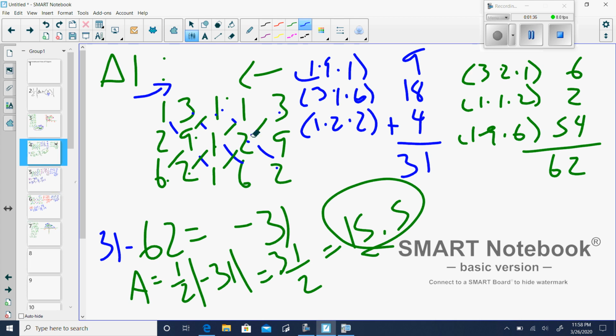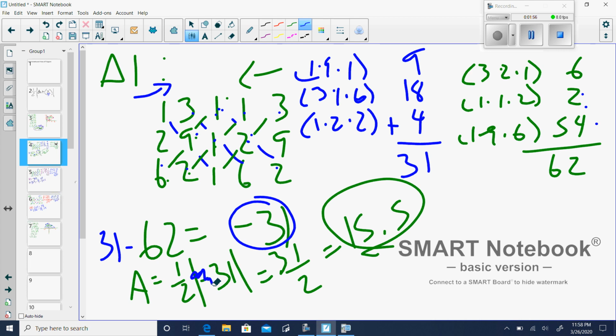So 3 times 2 times 1 is 6. 1 times 1 times 2 is 2. 1 times 9 times 6 is 54. So 31 take away 62 is negative 31. Our formula for area is 1/2 times the absolute value. So the absolute value of negative 31 is 31.